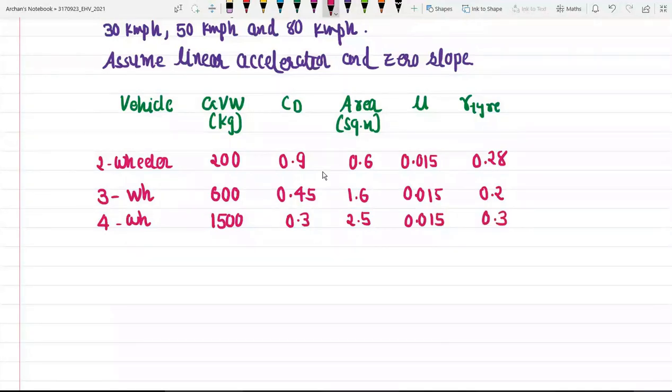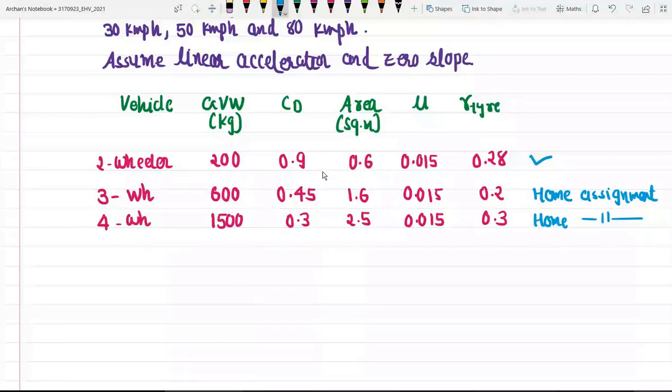So we will calculate for this two-wheeler, and the remaining two vehicles I will leave for you as a home assignment. After completion of this lecture, whenever you get time, just try to calculate the same data for the three-wheeler and four-wheeler also.